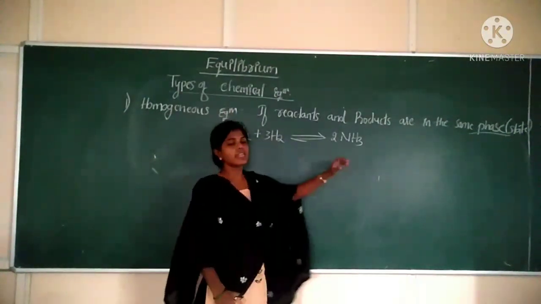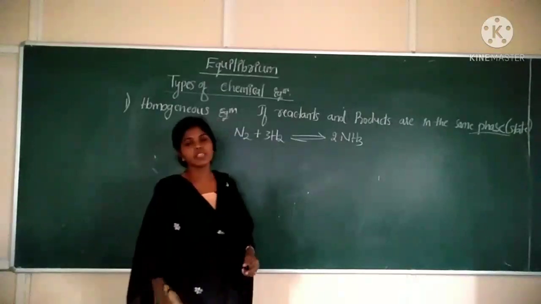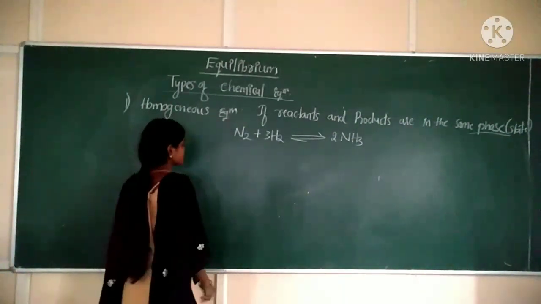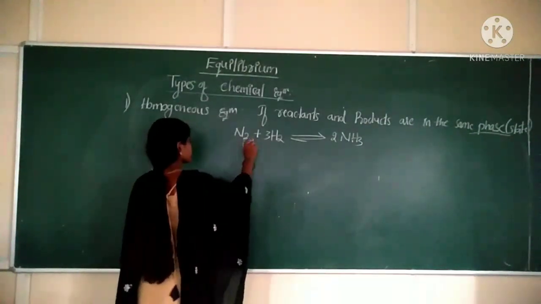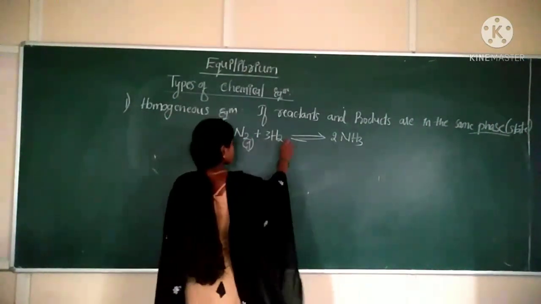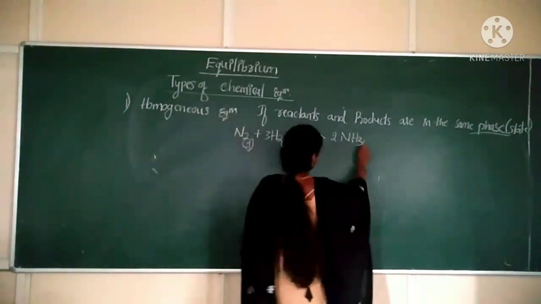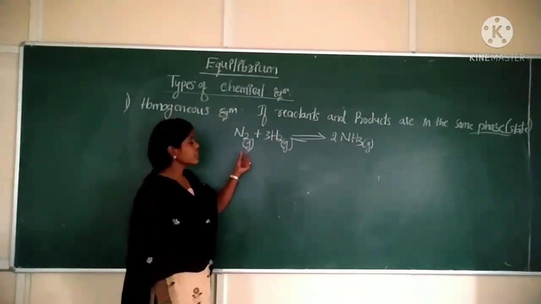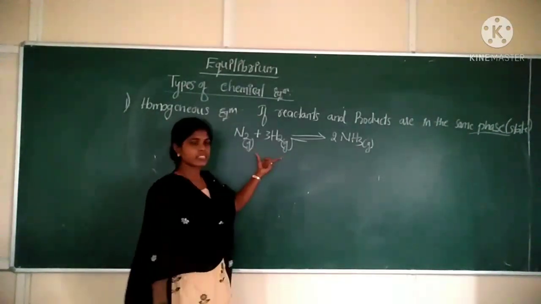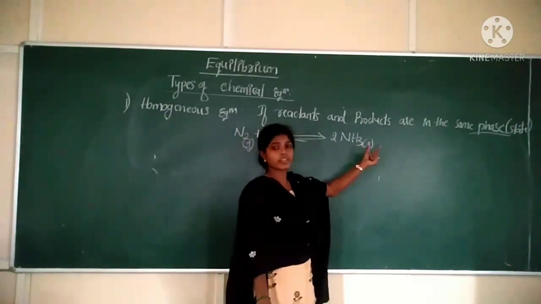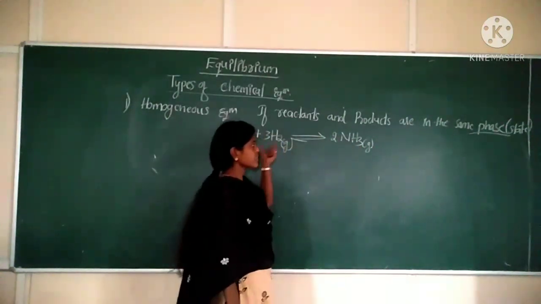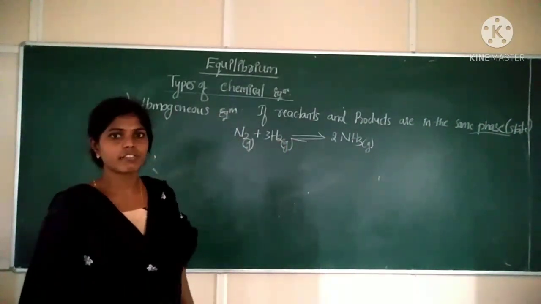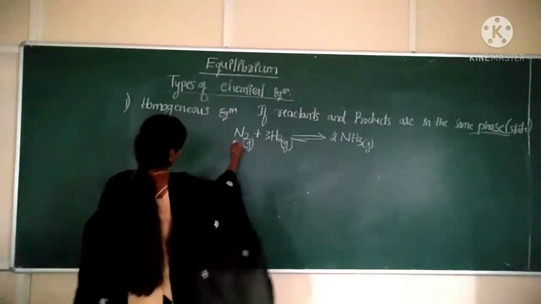If all the reactants and products are present in the same phase, those reactions are said to be homogeneous equilibrium. Nitrogen is in gaseous state, hydrogen is also gaseous, ammonia is also gaseous. So the phase for the reactant is gas, and the phase for the product is also gas. Homogeneous equilibrium reaction. Clear?